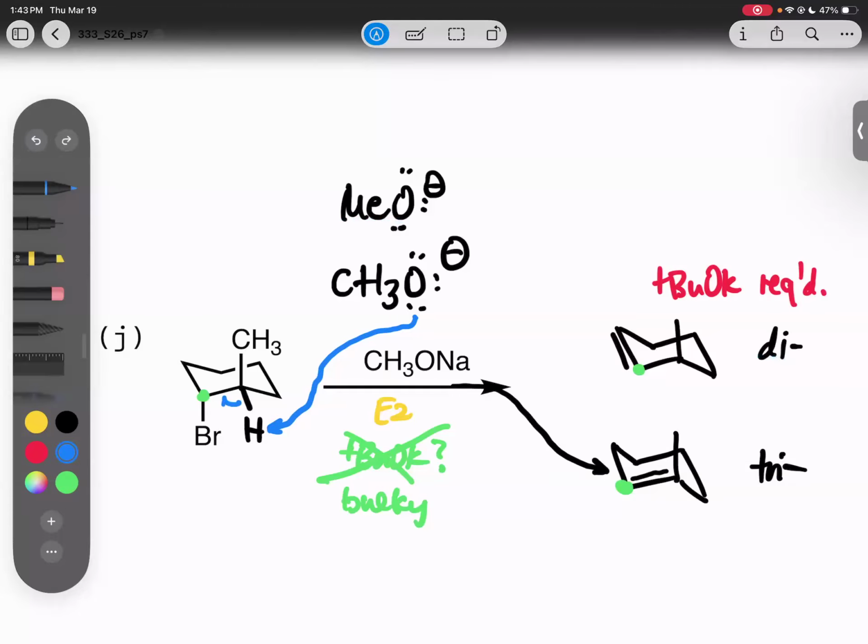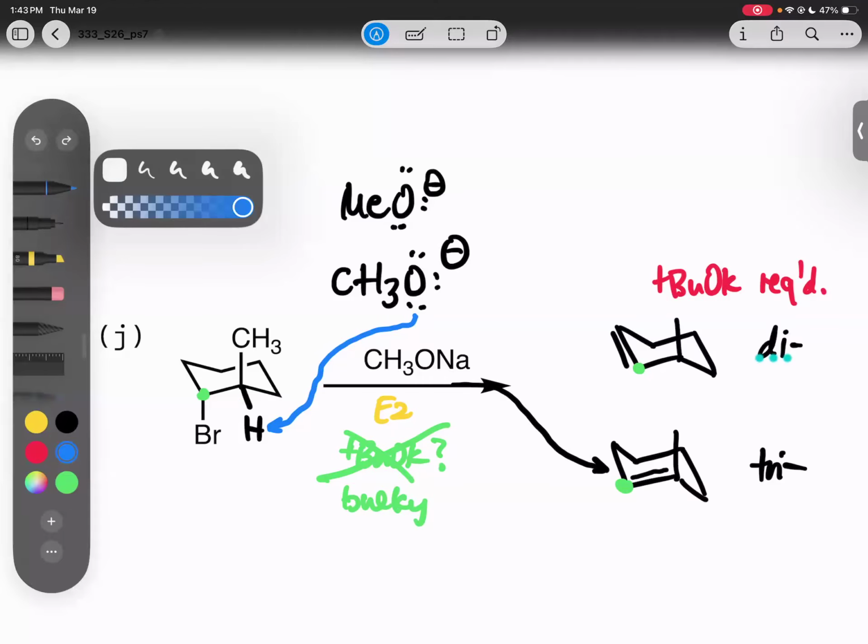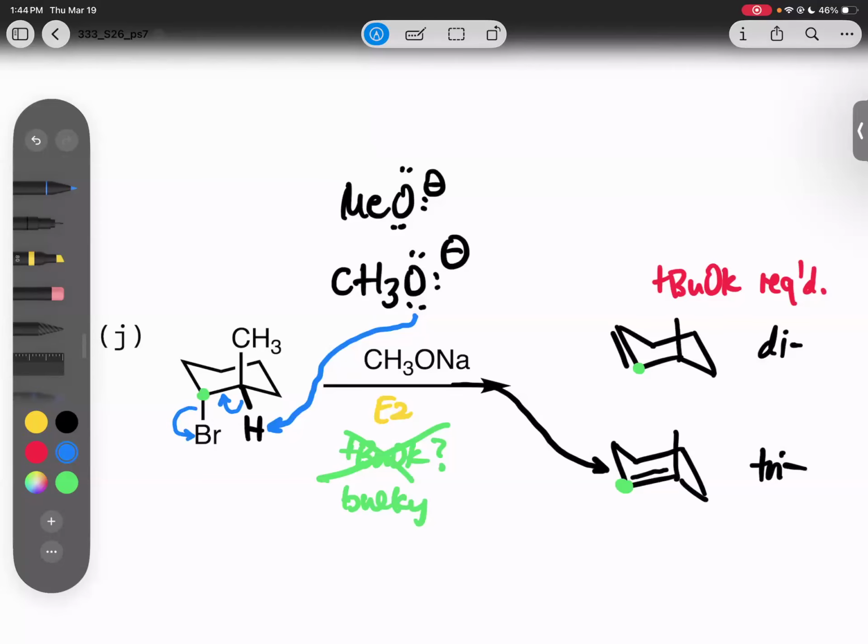Be precise with your arrows. The second part, the little arrow, is the elimination, making the pi bond, and then we have loss of the leaving group.